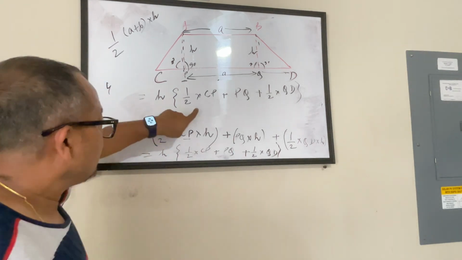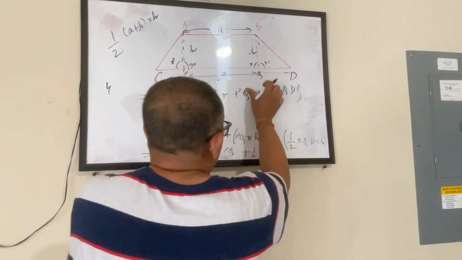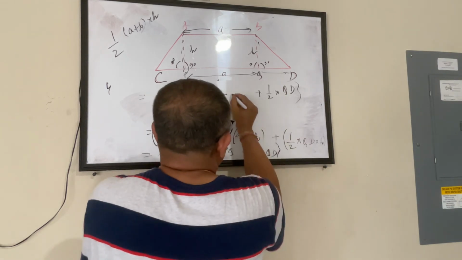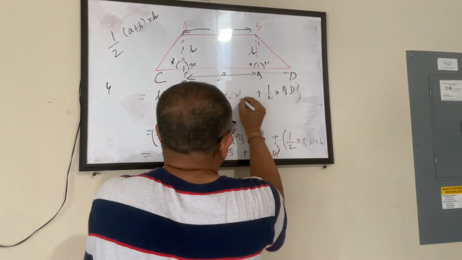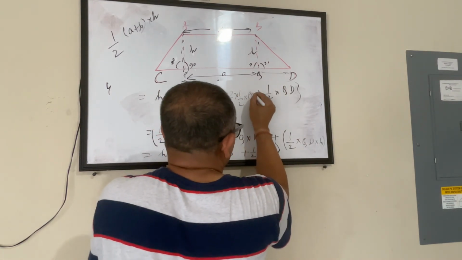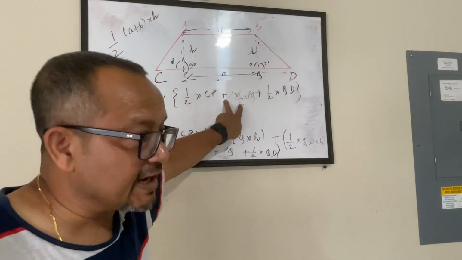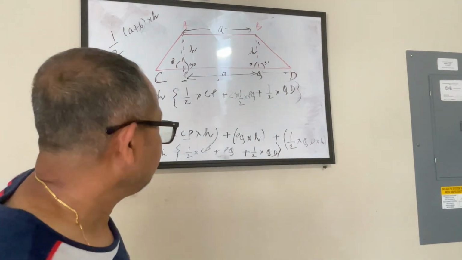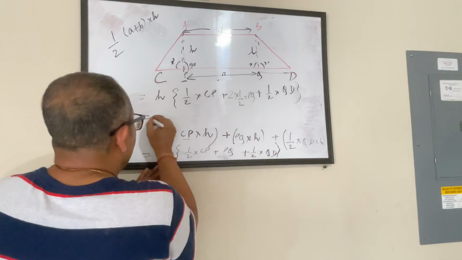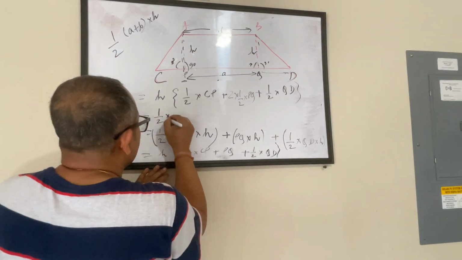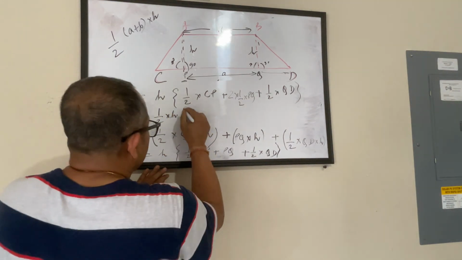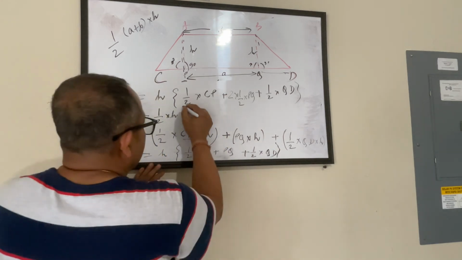Okay. Now, let's do one thing. I will not write PQ. I will write 2 into half into PQ. Will that be okay? Because I can do tic-tac-toe. This is PQ only. So now I can take half also out. Half into H, I am taking out. What do I have now here? Half is taken out.